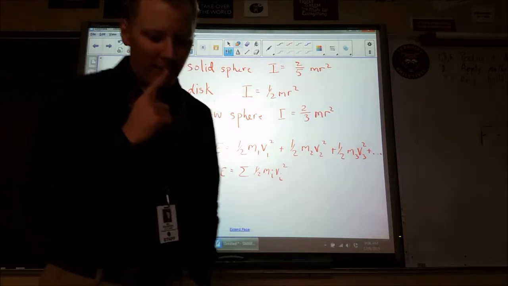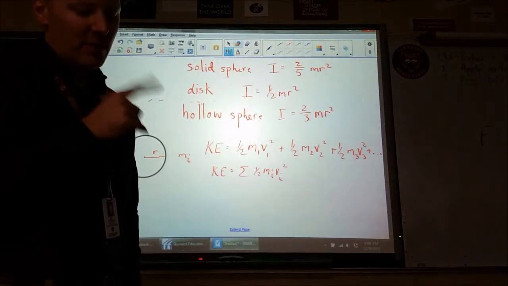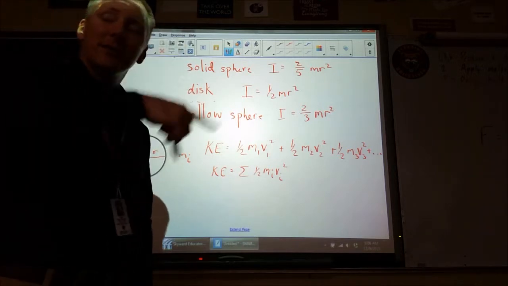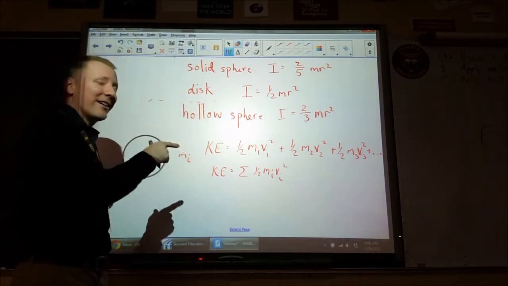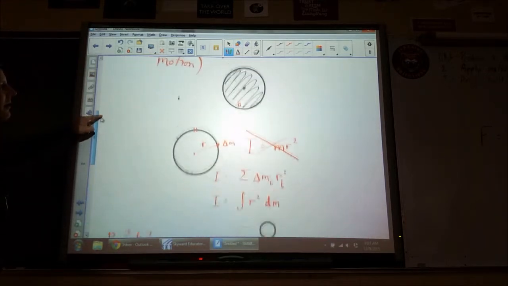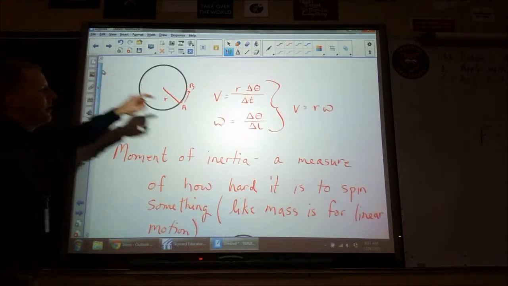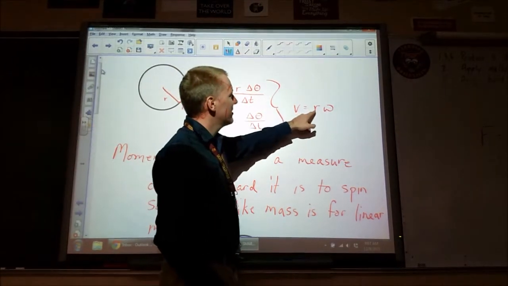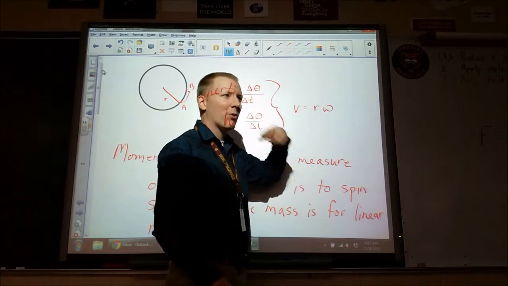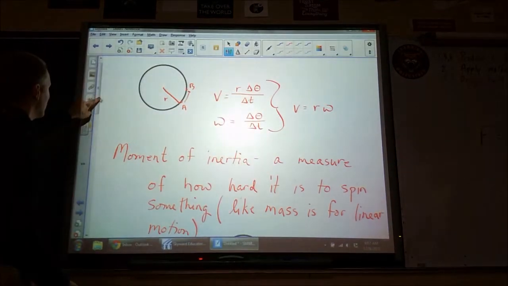Now, if we use that relationship that we had up above, since these are rotating, we had another way to write the speed. This v is equal to r times omega. That's what's telling us how quickly this is spinning. So I want to use that.